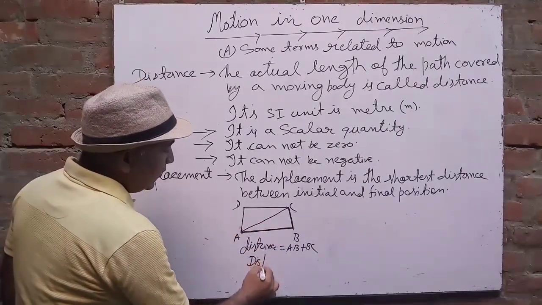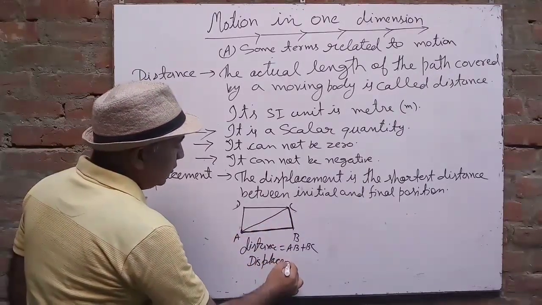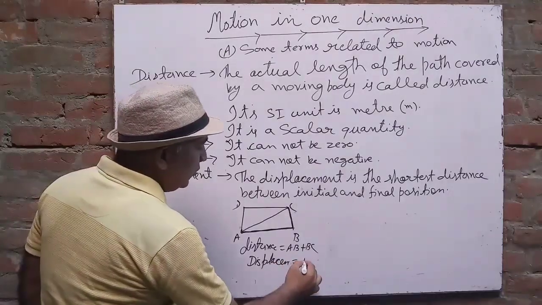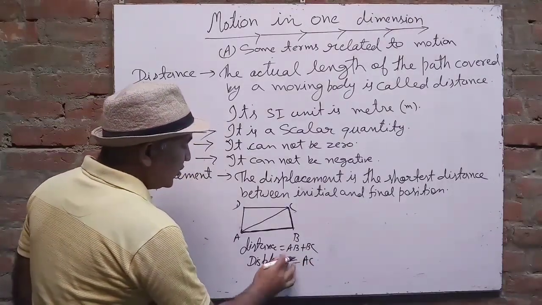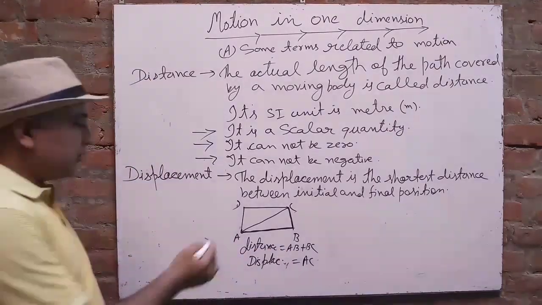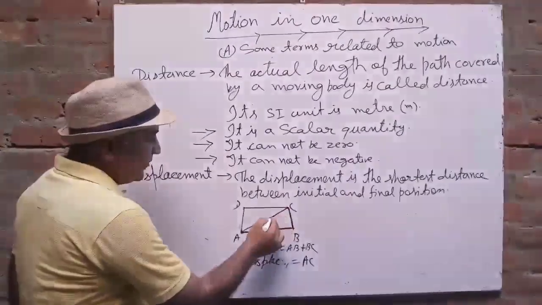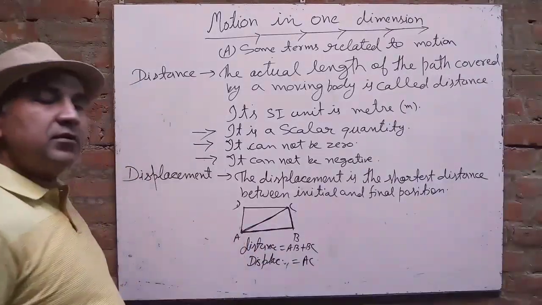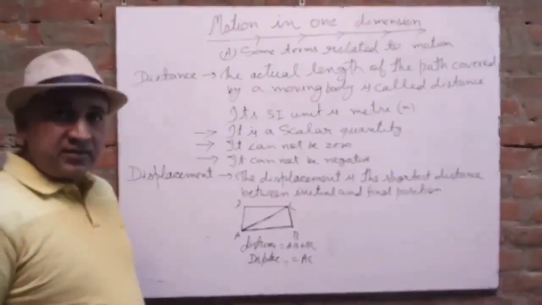That means displacement is equal to AC. Are you watching? Displacement is AC because the shortest distance between initial and final position is displacement. Is this clear?